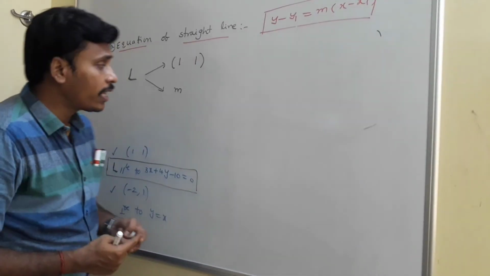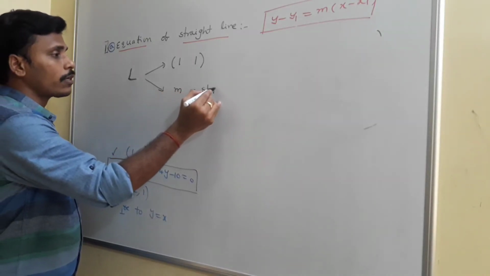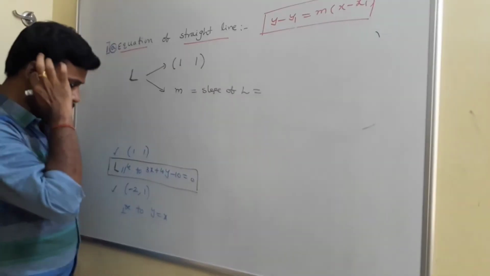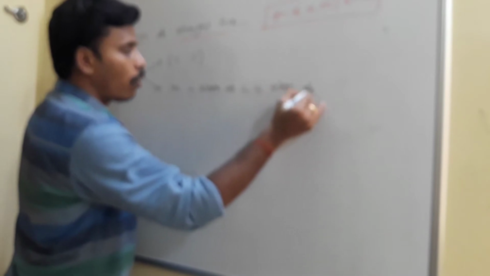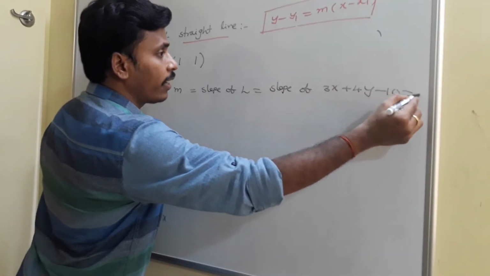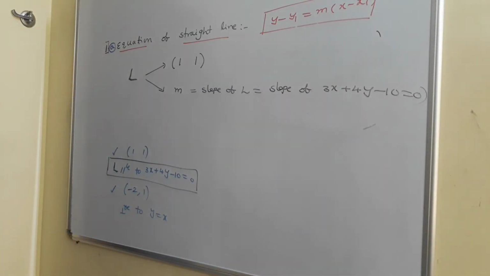Since the lines are parallel, m, the slope of our required line, is equal to the slope of the given line 3x plus 4y minus 10 is equal to 0.